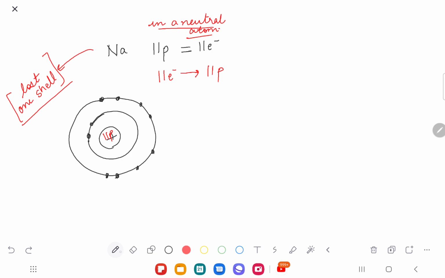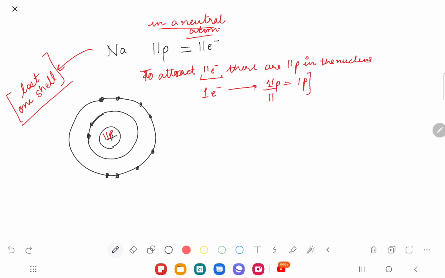But also, there are 11 electrons in the neutral atom, and for those 11 electrons, there are 11 protons in the nucleus. So every one electron will be attracted by one proton, 11 over 11. Unitary method, Mark.